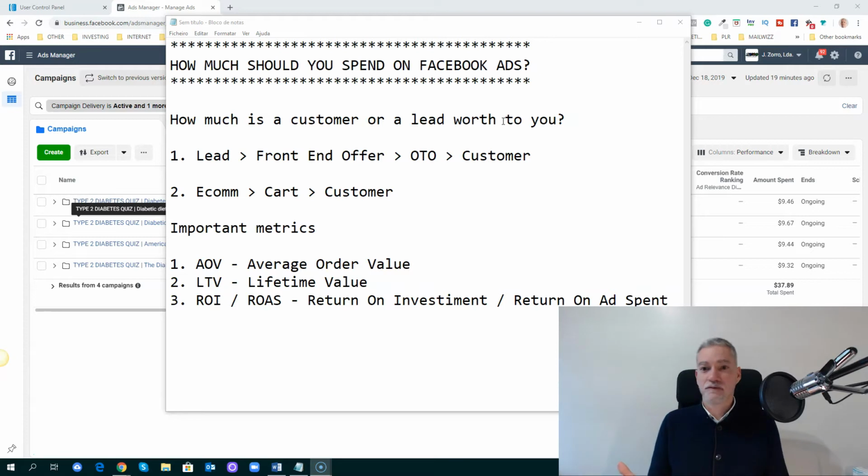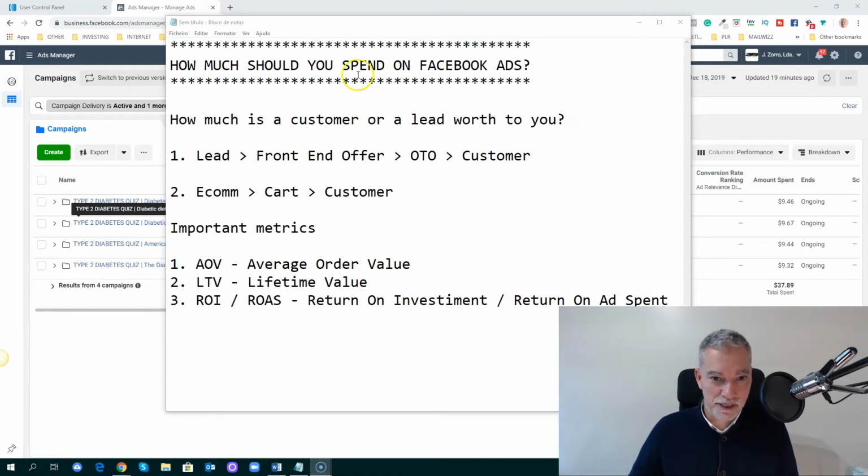Because if you are advertising on Facebook, most likely you are selling some stuff, okay? You are selling a product, a service, a digital product, a training course, whatever, okay? So you can build funnels differently, okay?